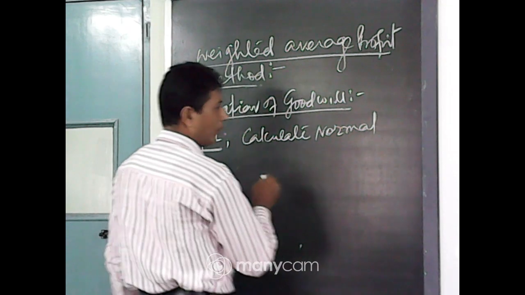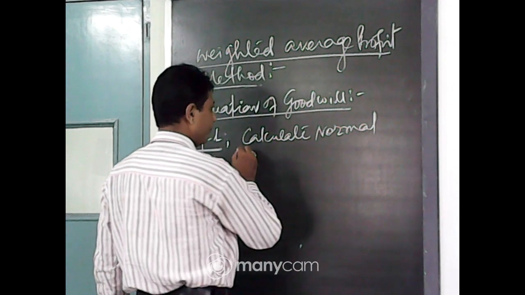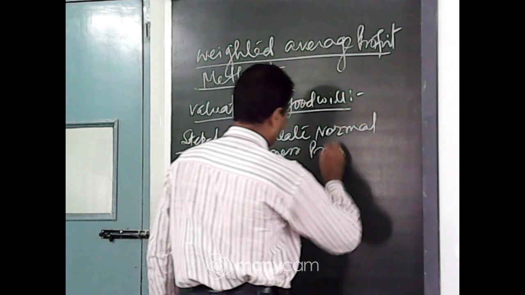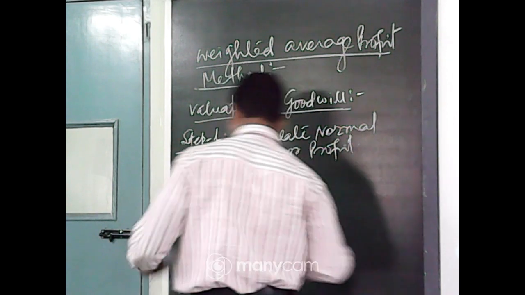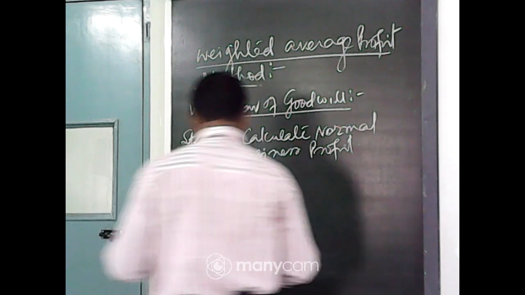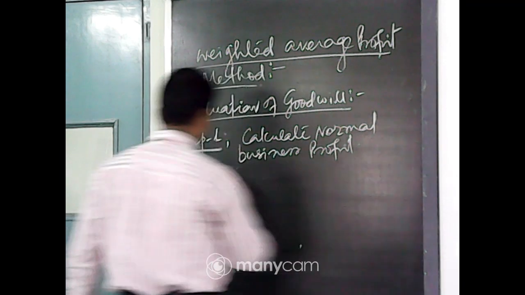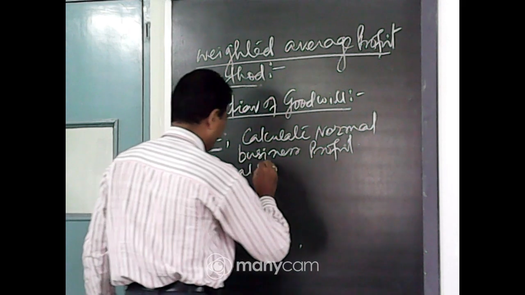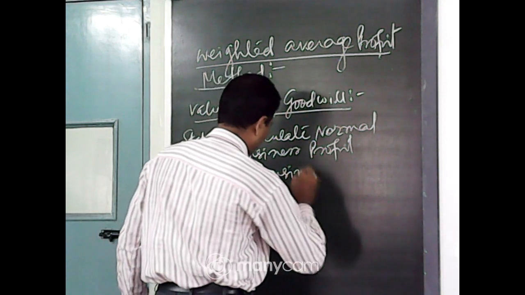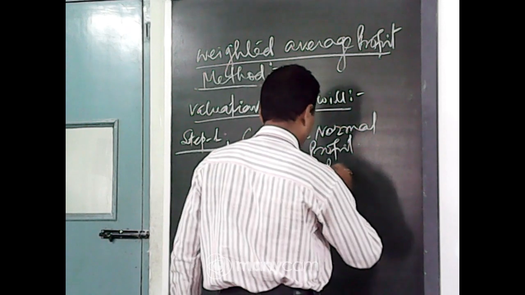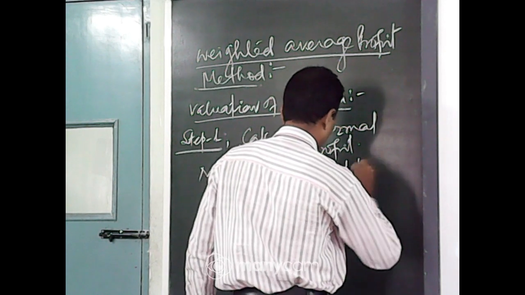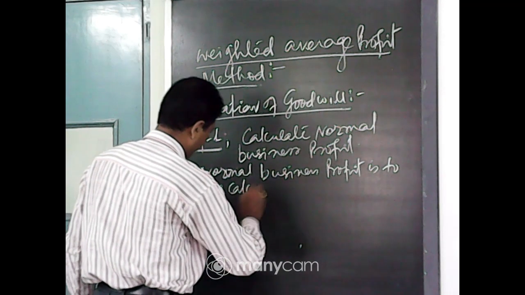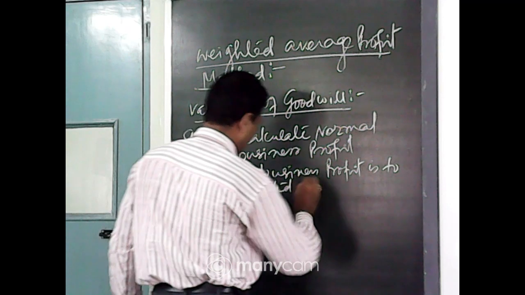Normal business profit is to be calculated as under.